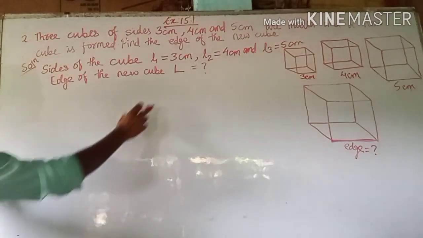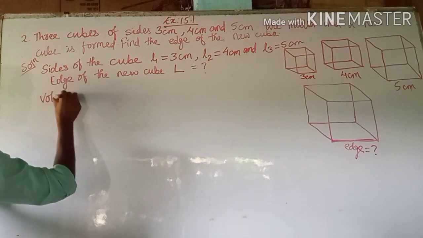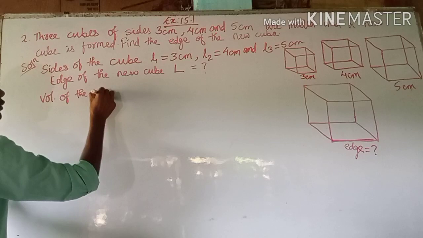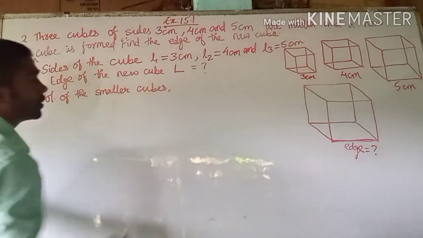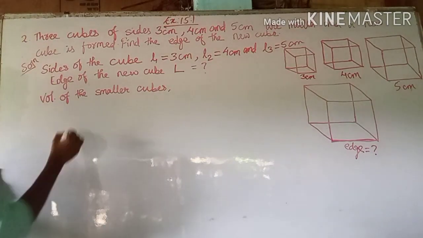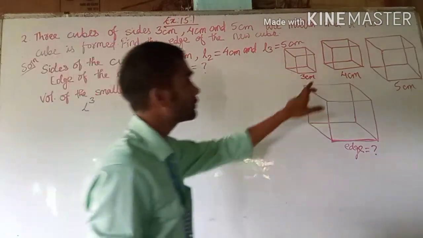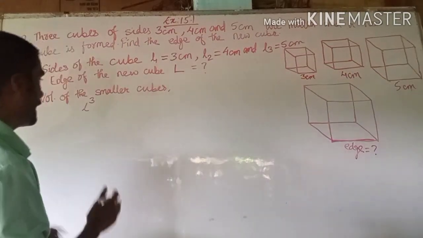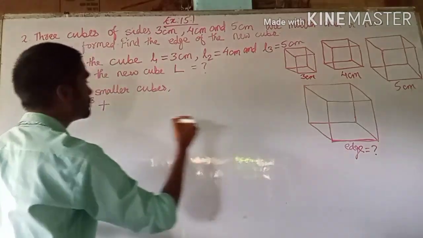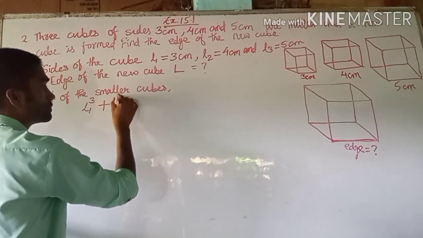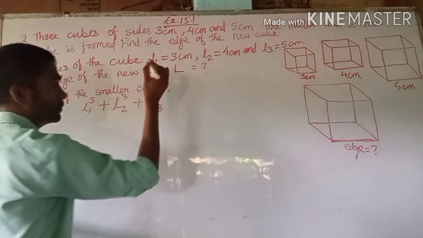Now the volume of the smaller cubes: the formula for the volume of a cube is L cube. So we take L1 cube, again we add the volume of the second cube, L2 cube, and the third one, L3 cube.